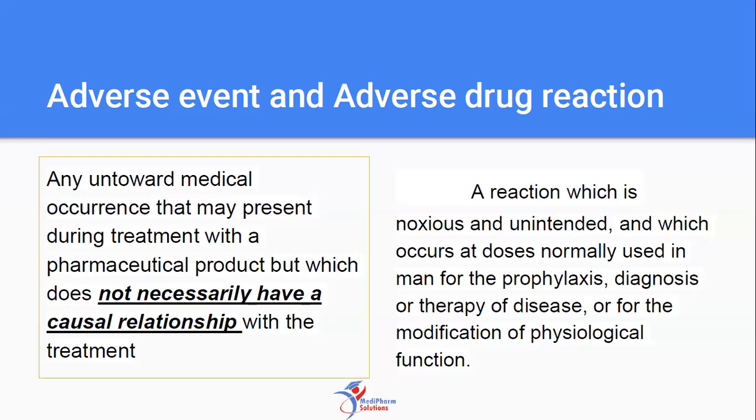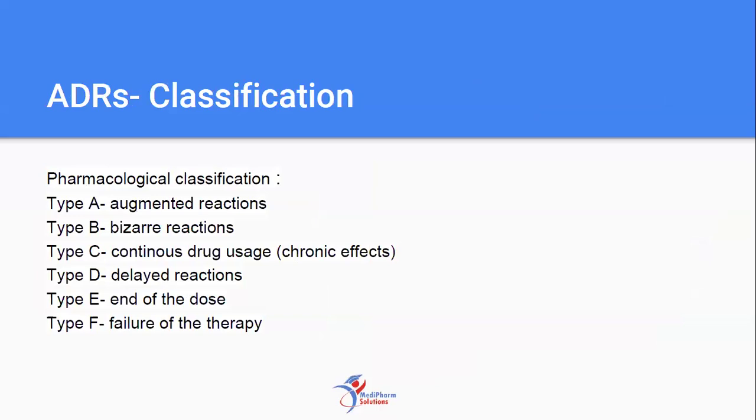For now, for understanding purposes, keep in mind that an adverse event does not have a causal relationship. When an adverse event has a causal relationship, we call it an adverse drug reaction. We will be seeing examples at the end of the session. For understanding purposes and from an interview point of view, this classification is important.